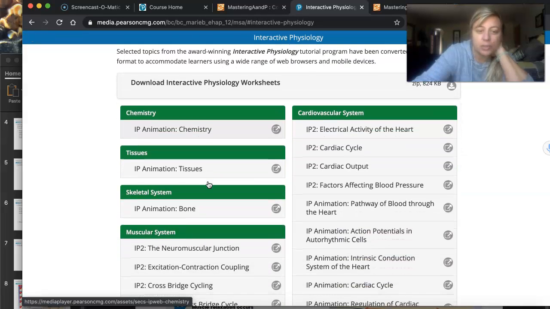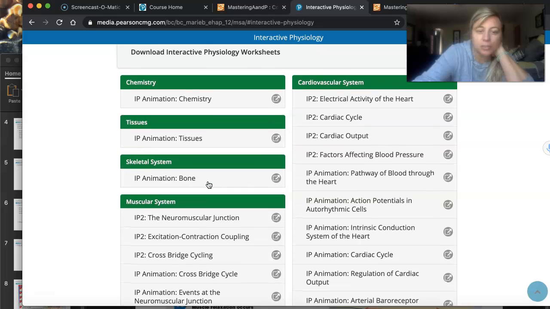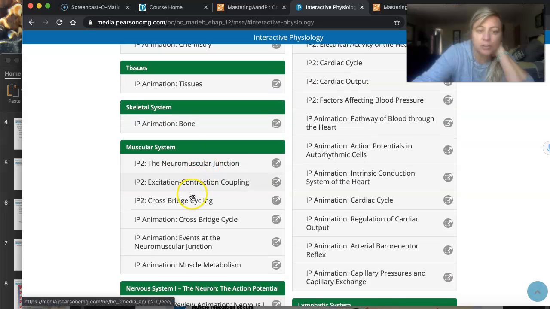If you scroll down to muscular system, you will see that there are 3 tutorials on muscular system contraction: one about the neuromuscular junction, one about excitation contraction coupling, and one about cross-bridge cycling.